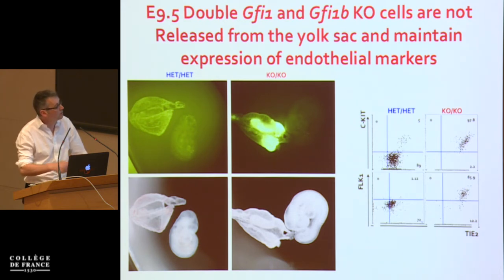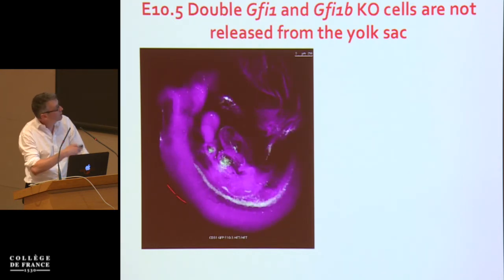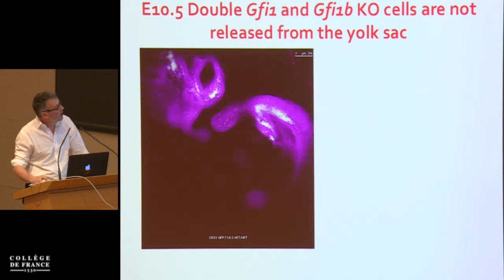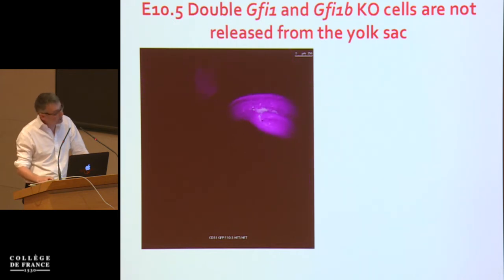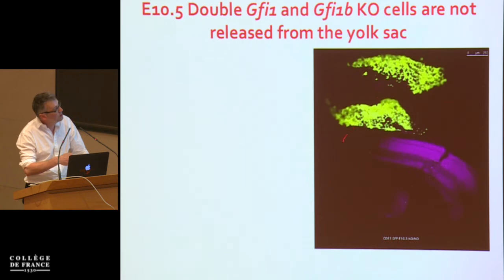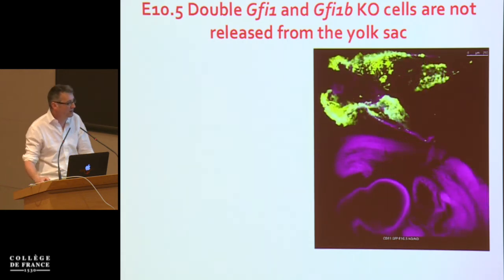We see almost no GFP-positive cells in the embryo, and these cells still express endothelial markers. This is just confocal imaging showing you these GFP-positive cells in a normal embryo. And in the double knockout embryo, you can see that these cells are stuck in the yolk sac, and we get almost no cells in the embryo.